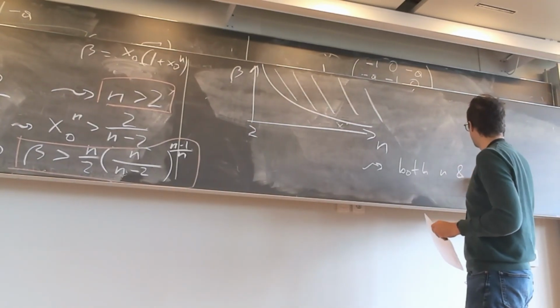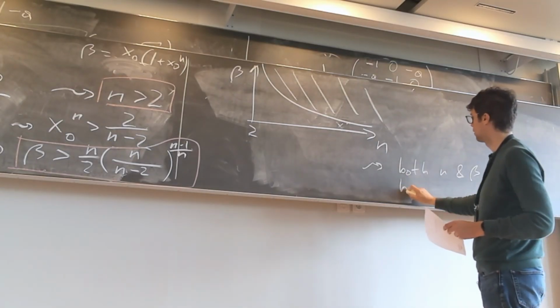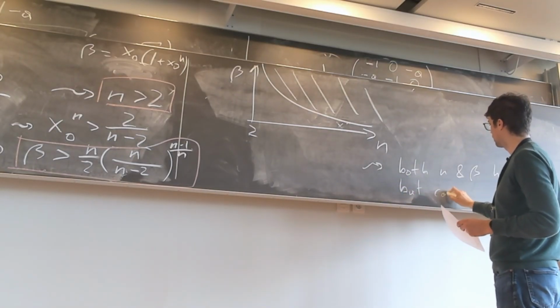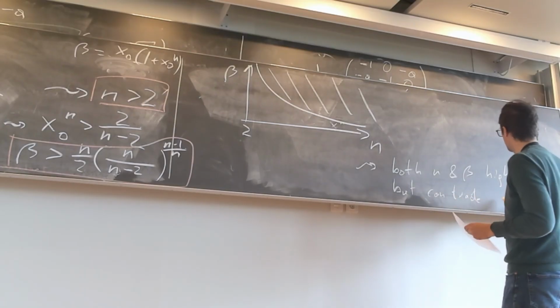Both n and beta should be high, but we can trade one against the other within bounds.